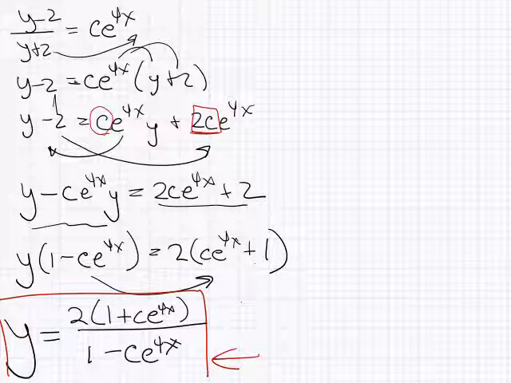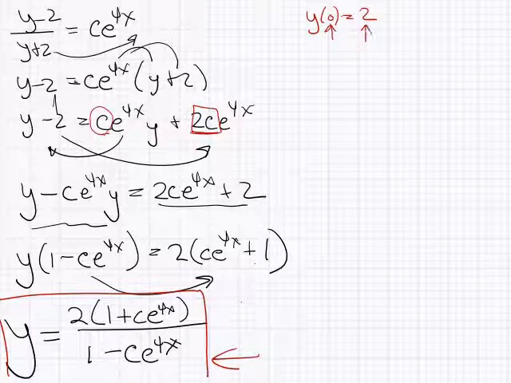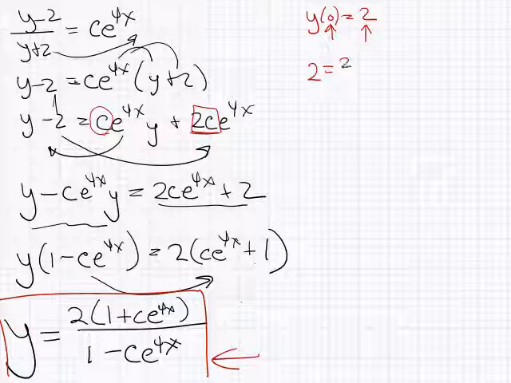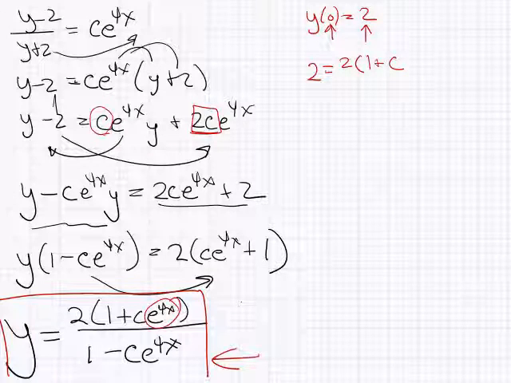So now we have this initial value problem. First was that y of 0 equals 2. Now, if y of 0 equals 2, that's your x, that's your y. Plug them in, and we get 2 equals 2 times 1 plus c e to the 0 over 1 minus c e to the 0.